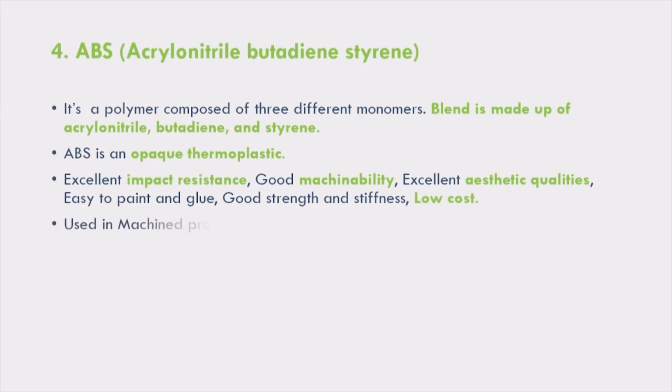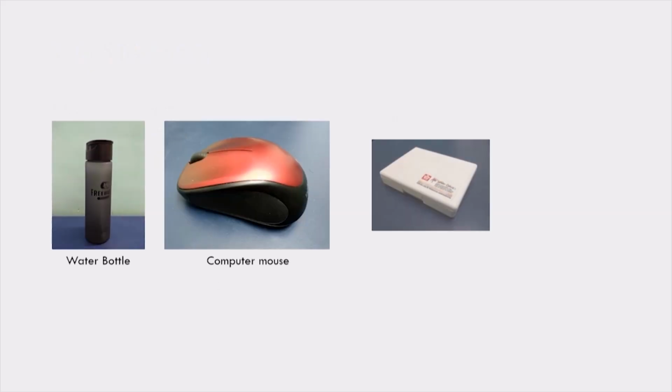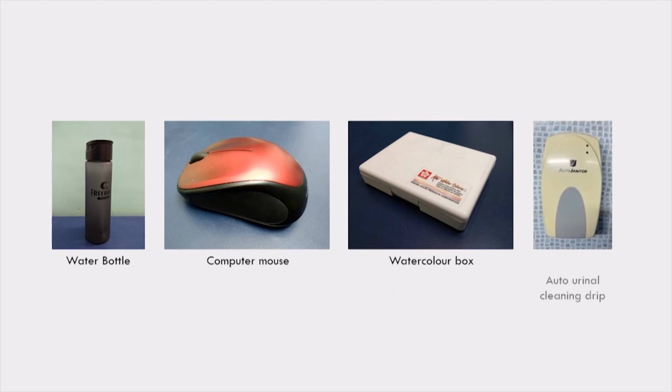It is used in machined prototypes, structural components, support blocks, housing, and covers. These are a few examples: water bottles, computer mouse, watercolor box, auto urinal cleaning drip.